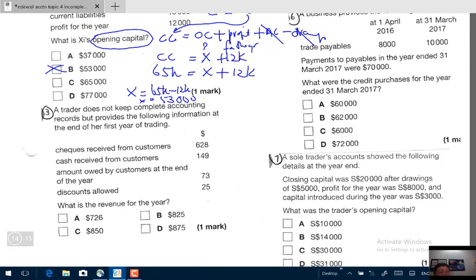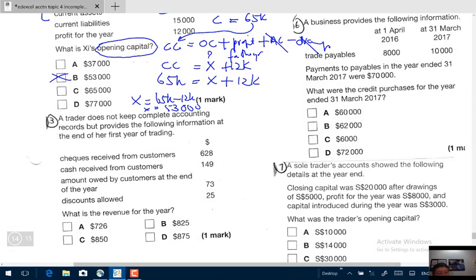The next one. I didn't change that in my original PDF, but I like to call this cash sales. Cash received from customers, to be fair to you, is actually cash sales. Cash received from customers means customers come into your shop, give you cash, take the goods away.